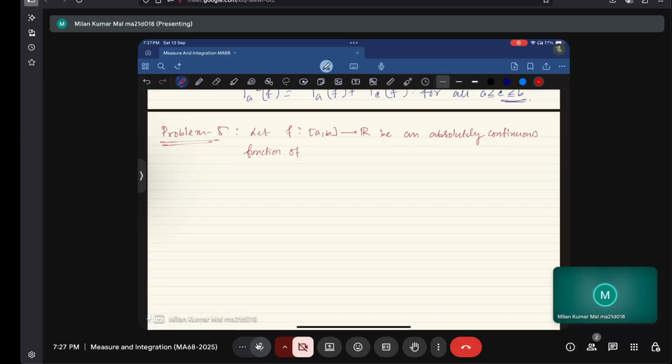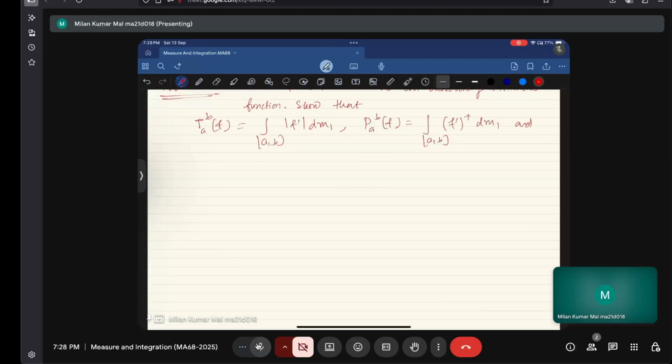Then show that T a to b f is equal to the integral from a to b of mod of f dash dm1, P a to b f is equal to the integral from a to b of f dash plus dm1, and N a to b f is equal to the integral from a to b of f dash minus dm1.